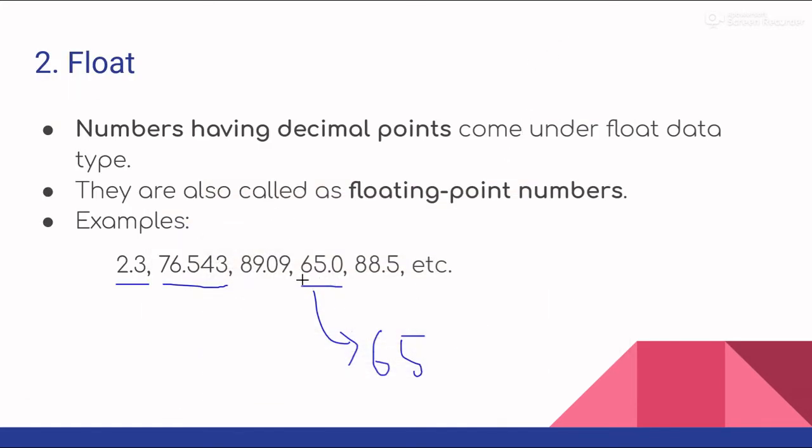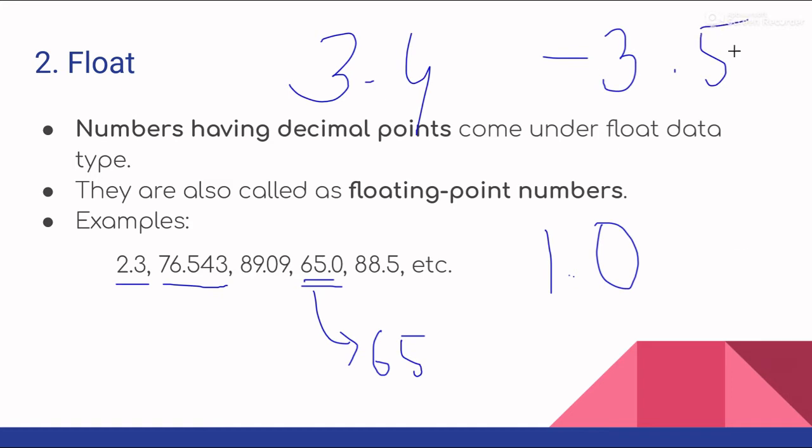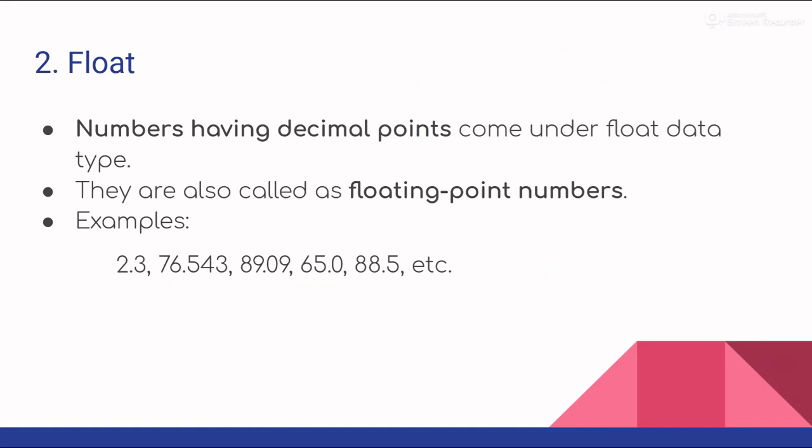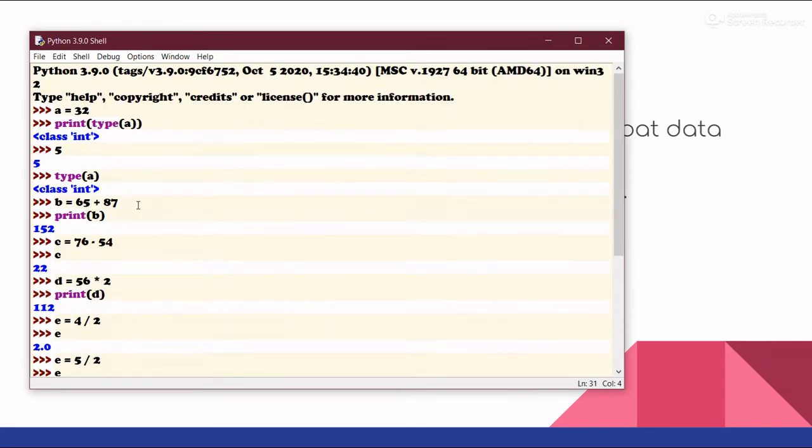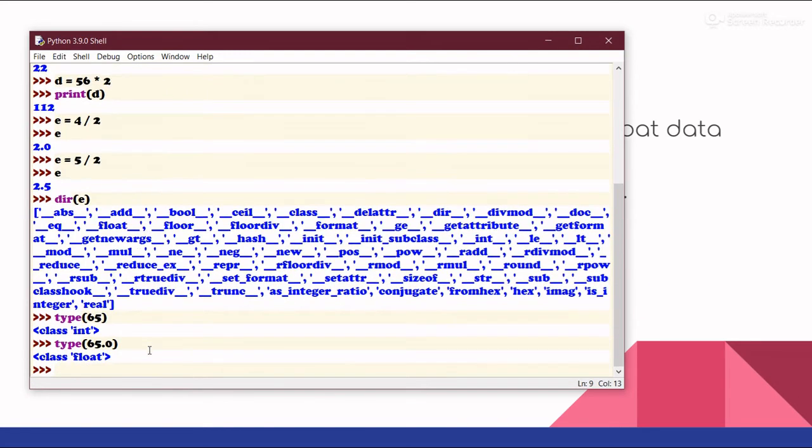So it can be something like this also, where it's just 0 which is written after the point, doesn't matter. For example, 1.0 is also a floating point number. 3.4 is also a floating point number. It can even be negative, like negative 3.5 or anything like that. Now, as with integers, we can also do the same operations on floating point numbers.